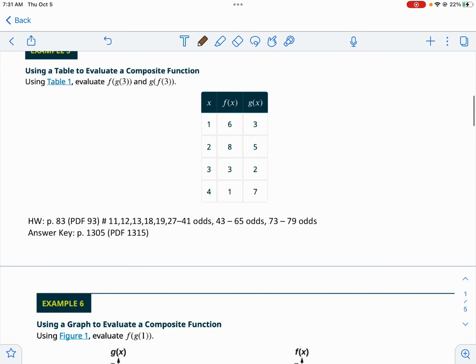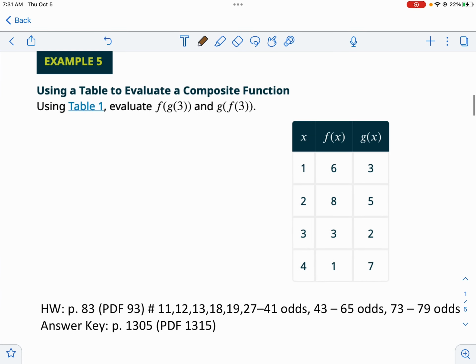So let's look at this table. I'm going to split this into two parts, X, F of X, and X, G of X. I'm going to write the X and G of X first. I'm just going to copy down those numbers.